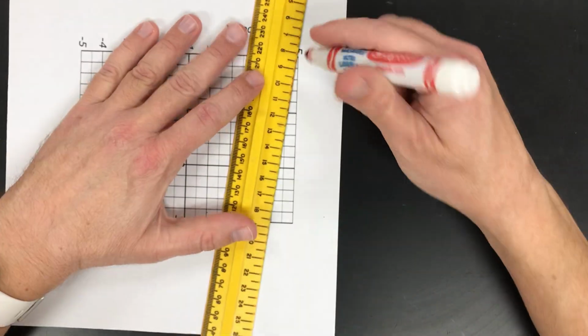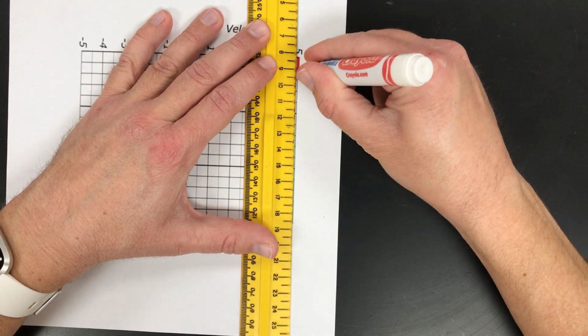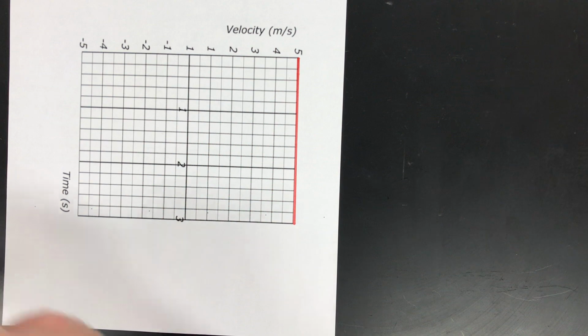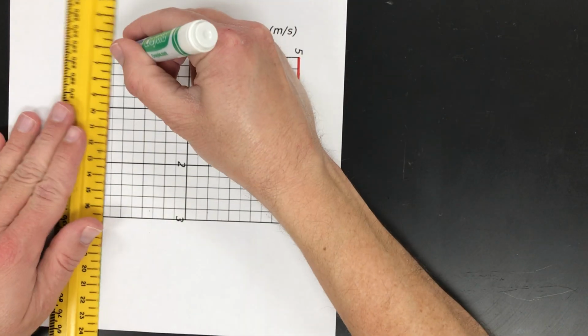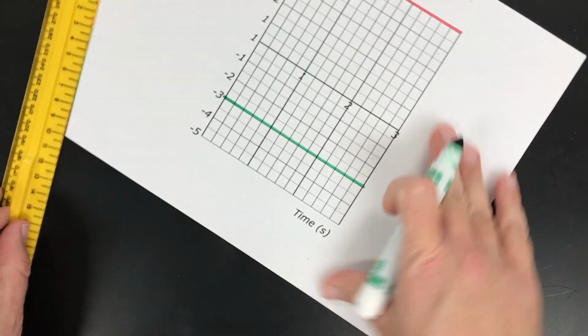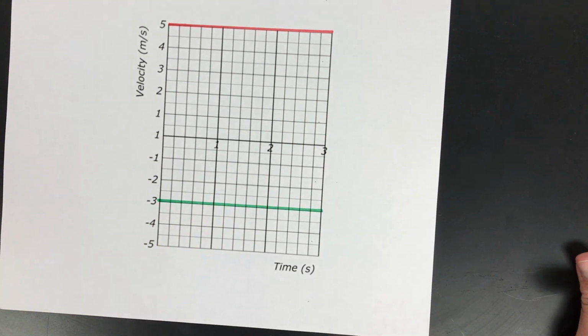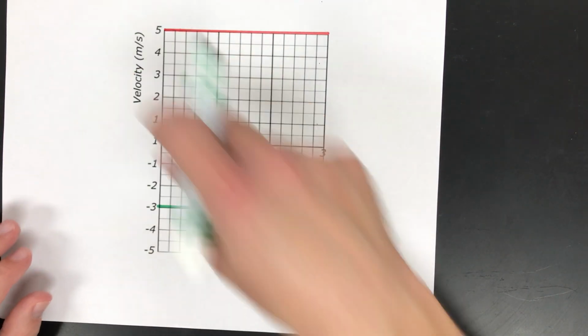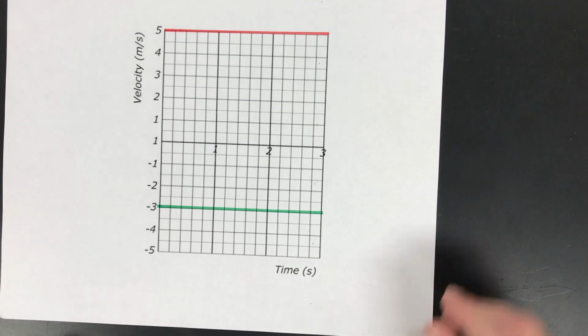I'm going to turn it sideways for a second to make it easier for me to draw it. So Angela's should be right along that 5 there. Her velocity is a constant 5 meters per second, and Blake's is a constant -3 meters per second. So I'm going to draw it like that. Let's flip it back here again. So that is what their lines should look like on their velocity versus time graph.